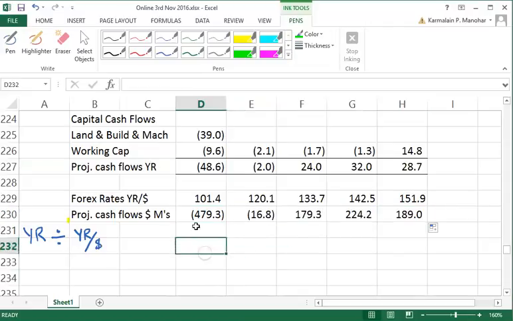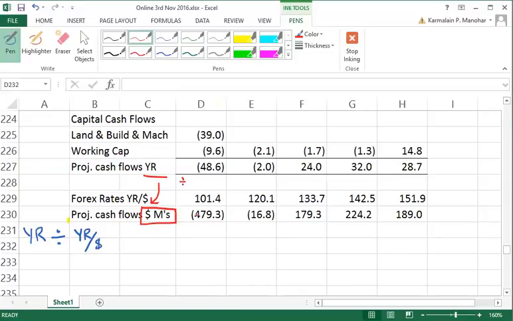So, firstly, the step is we're converting YR into dollars. So we divide in by this rate. Good. So if we leave the values as they are, they will not be in millions, they will be in trillions, because this is 48 trillion. Change it by any exchange rate, it'll still be in trillions.